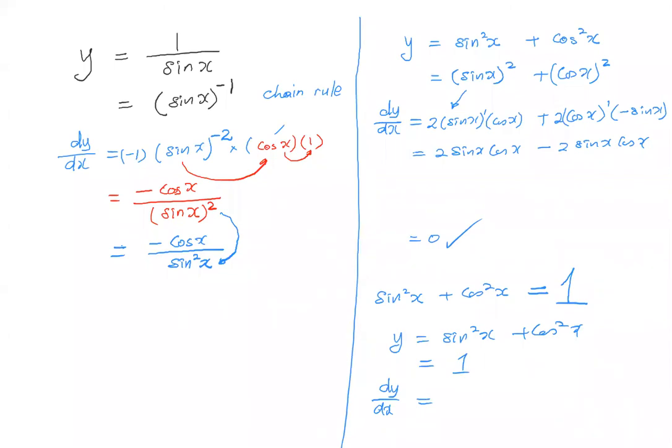You differentiate a constant, what do you get? 0. Yeah, the constant doesn't change. So this is another identity that you have to memorize. Clear? Cos square of an angle plus sin square of an angle always gives us 1. Done?